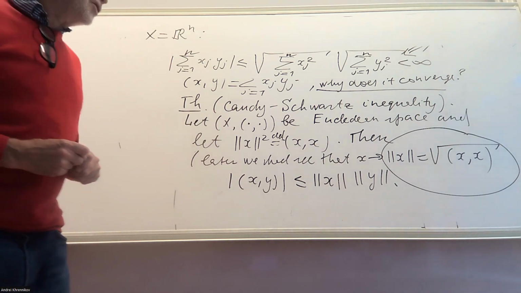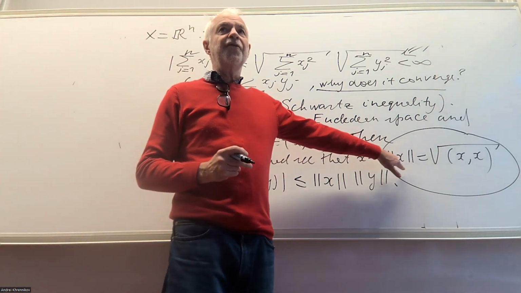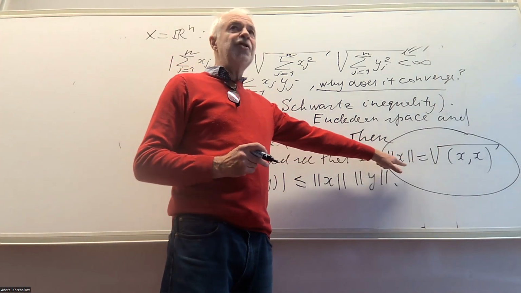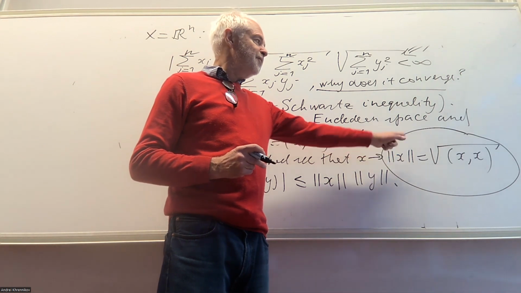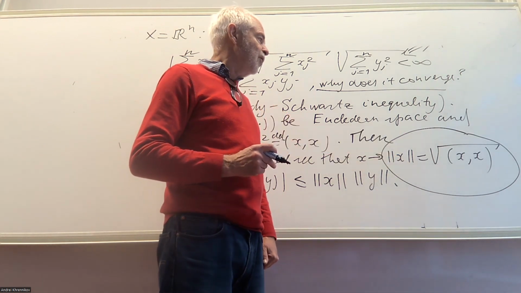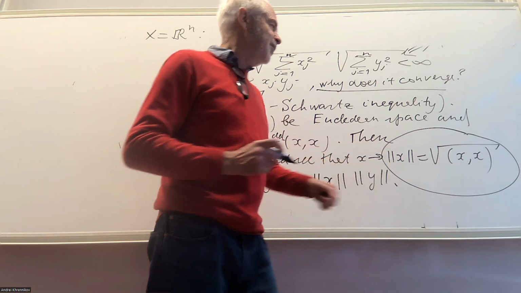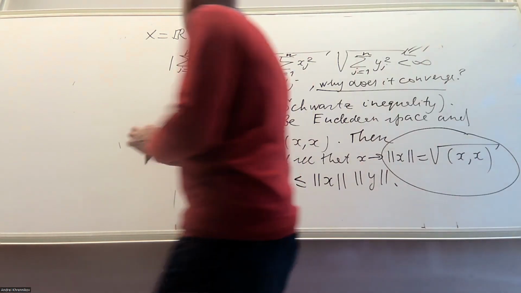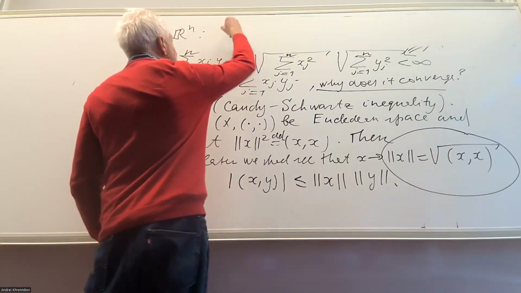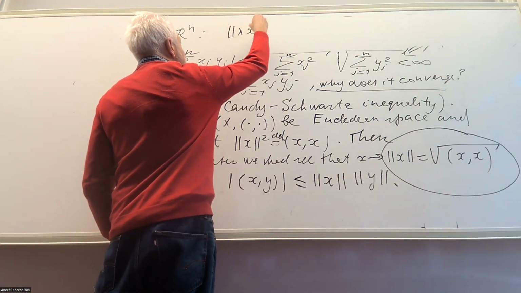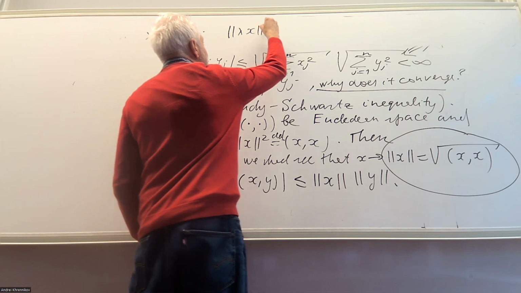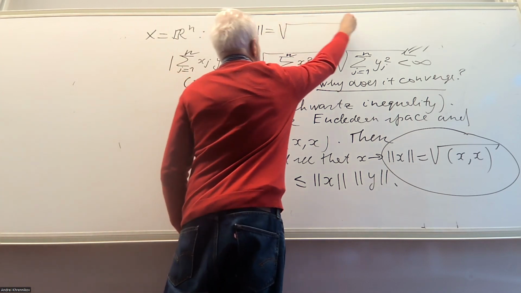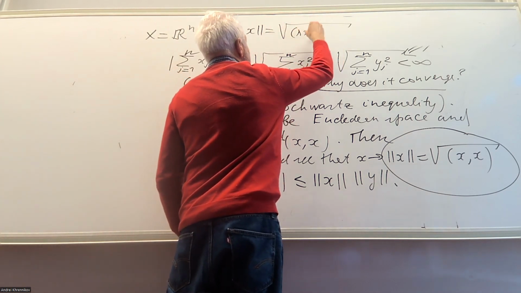Now look at this function. It's clear that it is non-negative. x equals 0 if and only if the norm is equal to 0. If you multiply by lambda, where lambda is a real number, it would be the square root of the scalar product of lambda x with lambda x.